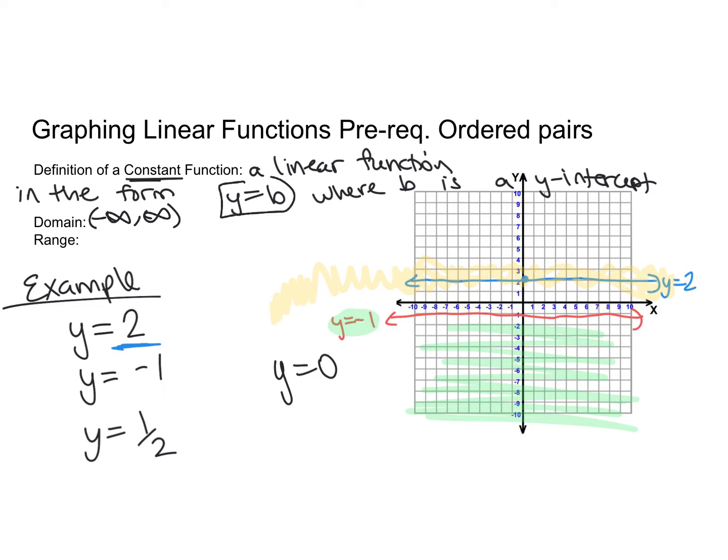So for y equals b, the range would just be b. And in the case of y equals 2, my range would be 2. For y equals -1, my range would be -1, and so on. So the range is very limited, whereas the domain would still be -infinity to infinity.